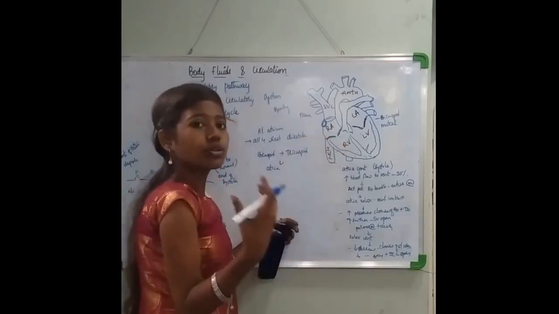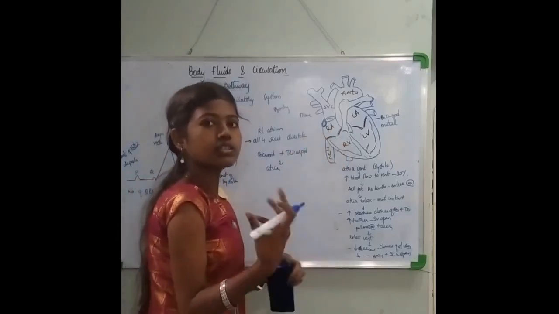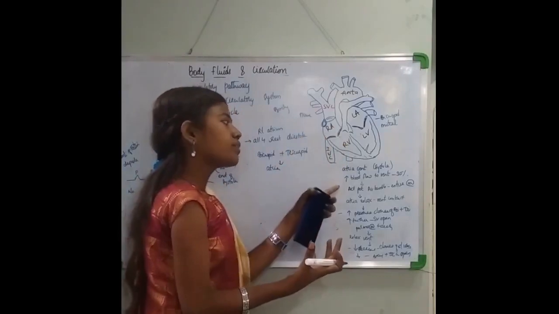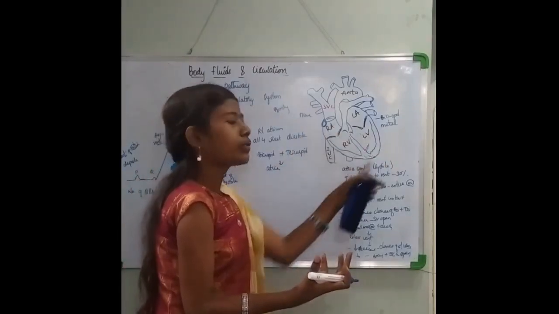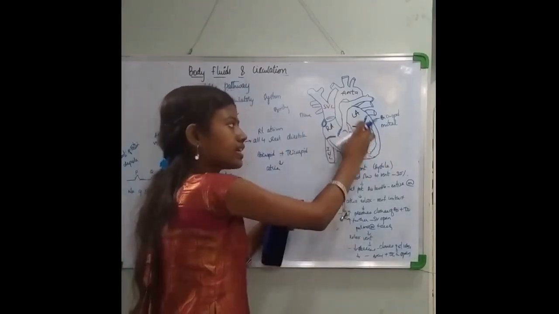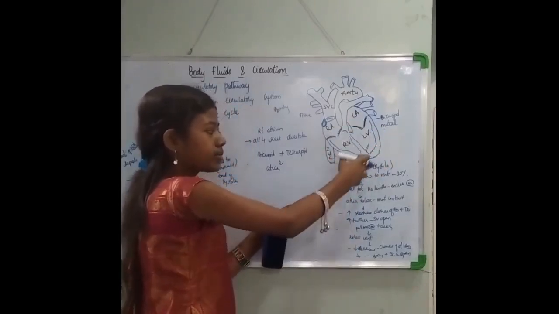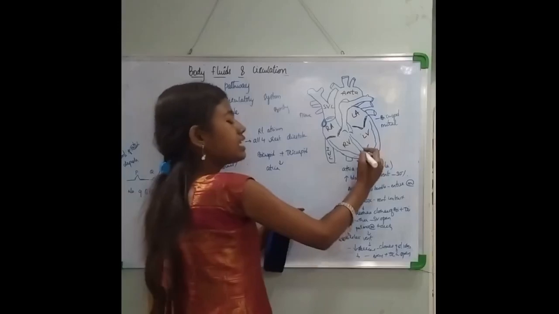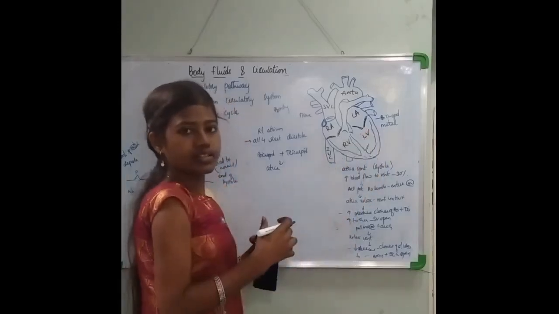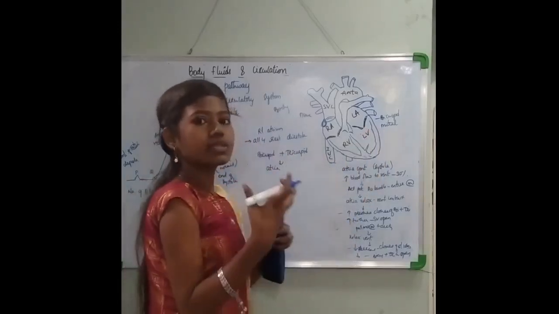As I have told you, nodal tissue is a specialized structure. The action potential is generated in the entire ventricular musculature. Blood is present in the ventricles now, and this leads to contraction of the ventricles.